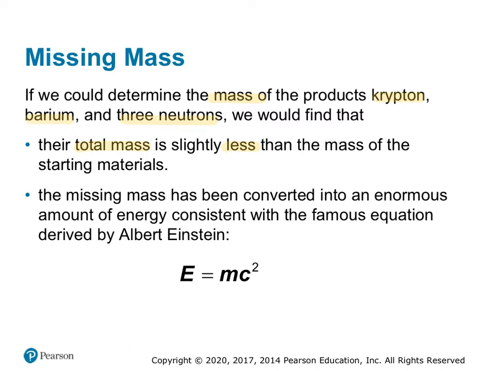The mass actually has been converted into an enormous amount of energy, consistent with Einstein's favorite equation, E equals mc squared, where m, of course, is mass, and c is the speed of light.